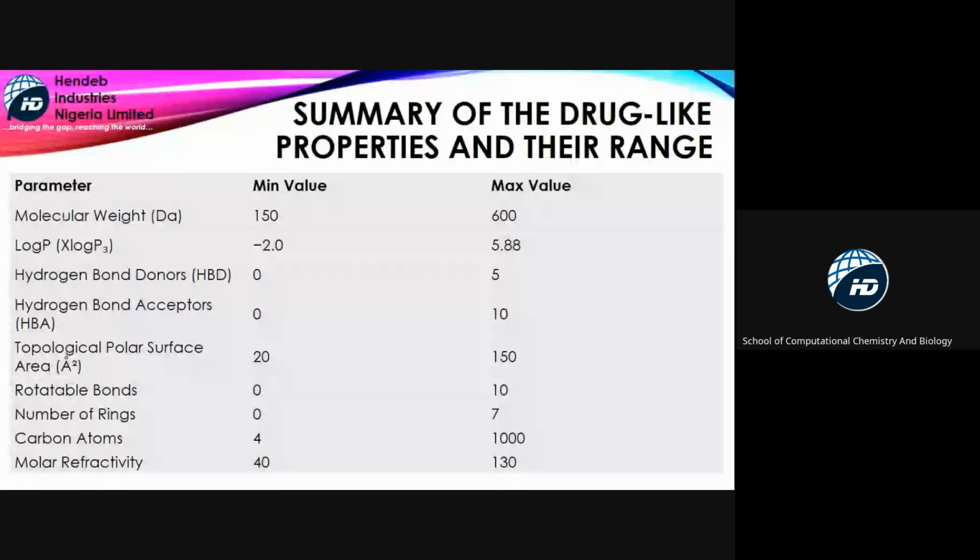I arranged them with their minimum value and their maximum value. That is their range. So how many parameters shall we subject them to tonight? 1, 2, 3, 4, 5, 6, 7, 8, 9. So there are 9 parameters here. These parameters are cumulative from the drug-like models. So we shall use them to screen our compounds at the same time.